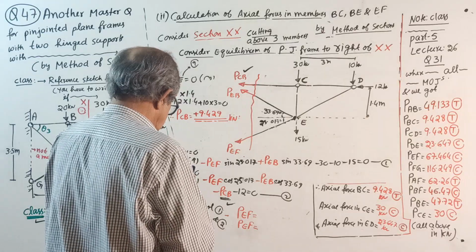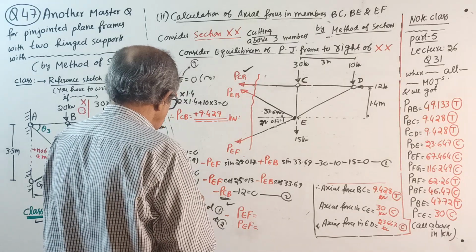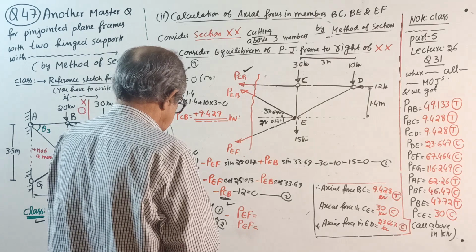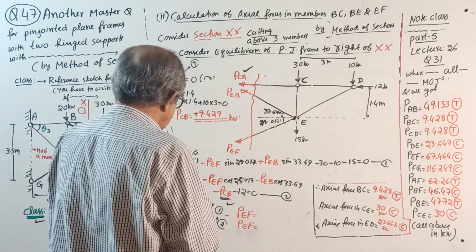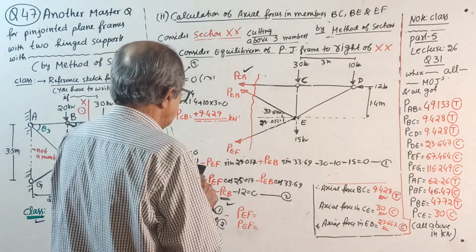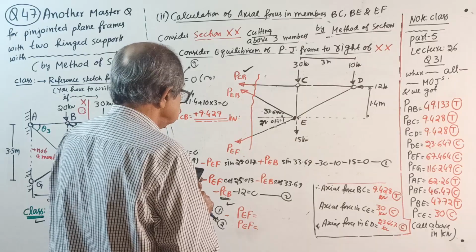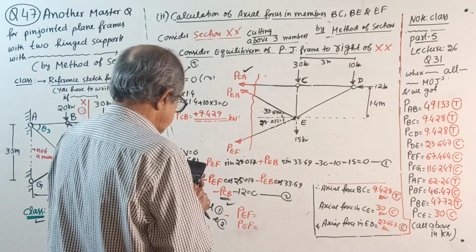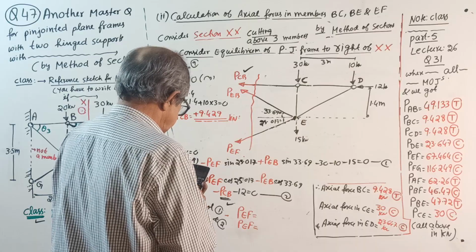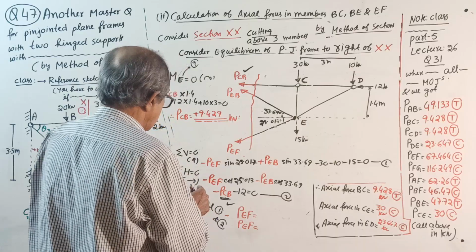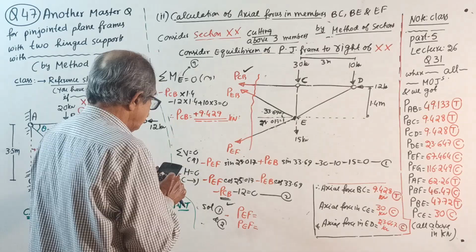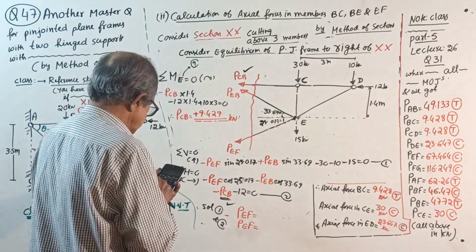Sine 25.017. Okay, let me struggle. Sorry, minus sine 25.017, sine 33.69. 30 plus 10 plus 15. Okay, here: minus cos 25.017.